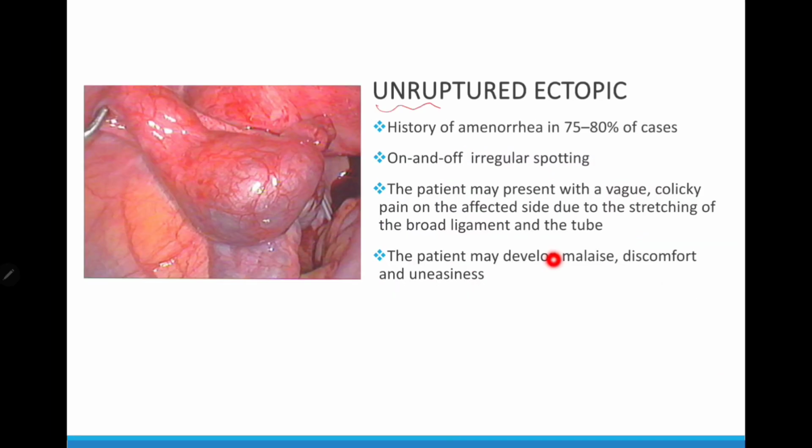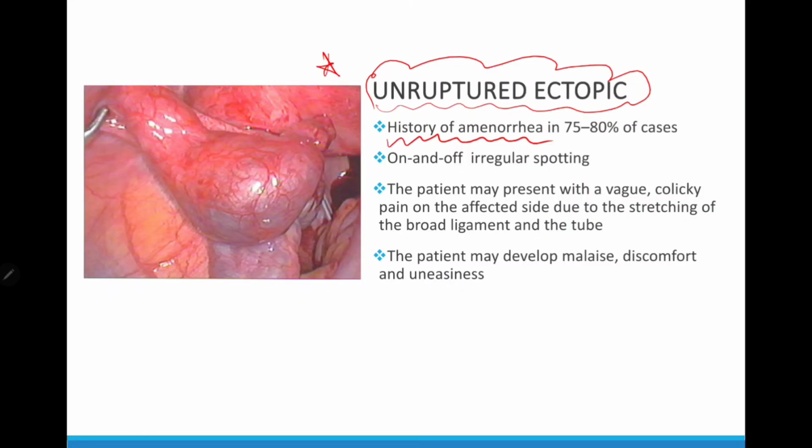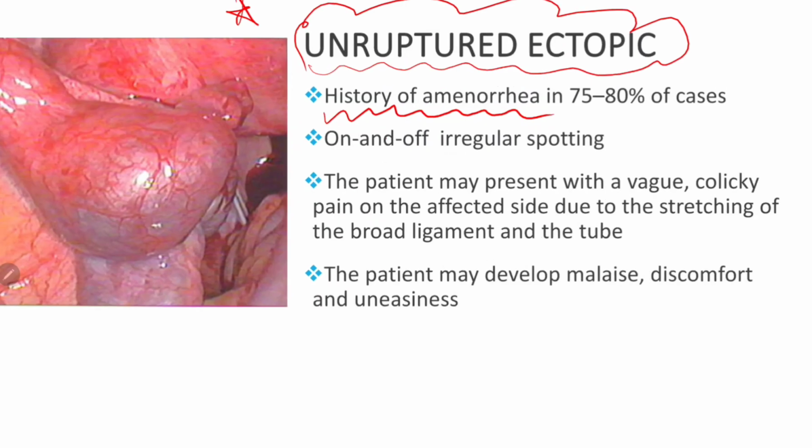Now, this is an unruptured ectopic. What is the feature of an unruptured ectopic? An unruptured ectopic will present only with the history of amenorrhea. In 70 to 80% of cases with unruptured ectopic, it is going to be the history of amenorrhea.